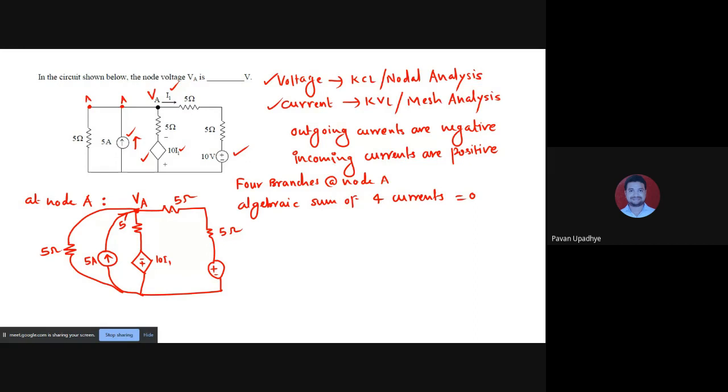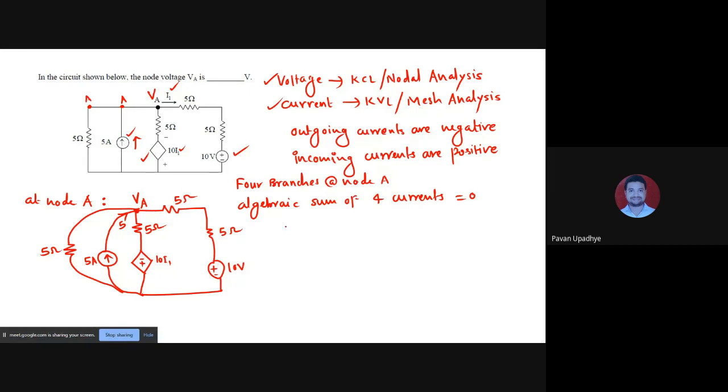But we are not provided with any value of the current moving in this 5 ohm, or in this 5 or 10 ohm. So what we need to do is assume them.